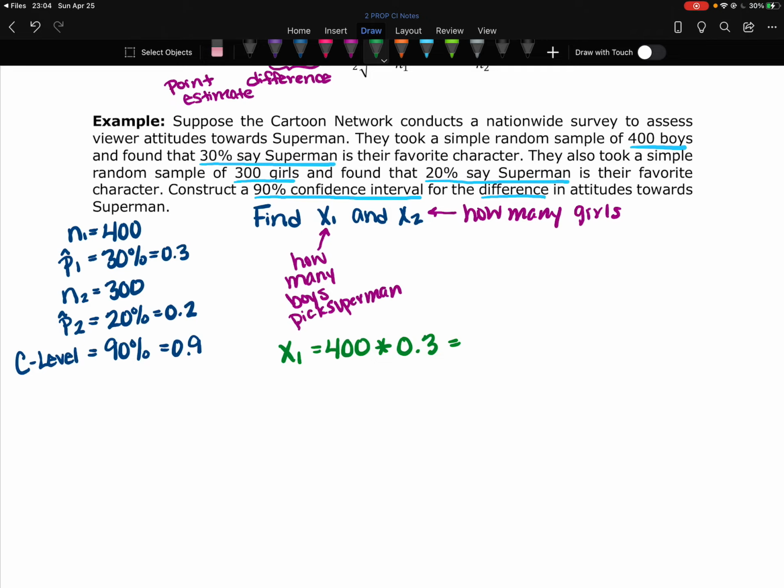So 400 times 0.3 gives me 120. So 120 boys picked Superman as their favorite. I need that number in order to use the Excel spreadsheet.